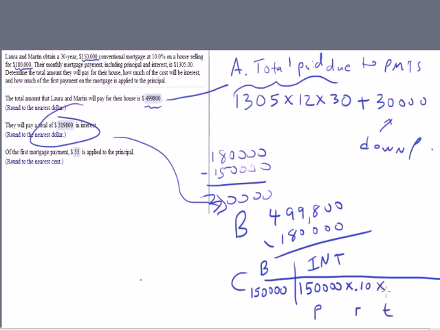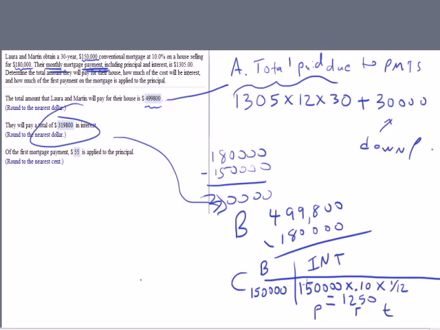Now, for any compound interest problem, the interest will look like simple interest over one time period. Here, they're making monthly payments. So one time period here is a month. A month is 1/12 of a year because the time for simple interest is in years. When I work that out, that actually ends up being $1,250.